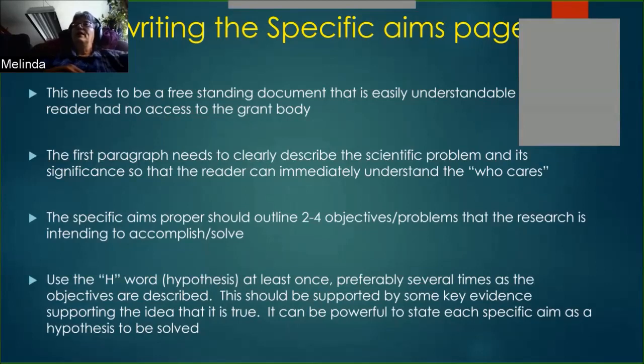So in that first paragraph, you need to make that abundantly clear. You want the person reading that first paragraph to be very excited about this being an important problem, that there is a knowledge gap, and that answering that very important problem is something we really need to have happen. So it's that who cares that has to come out crystal clear.